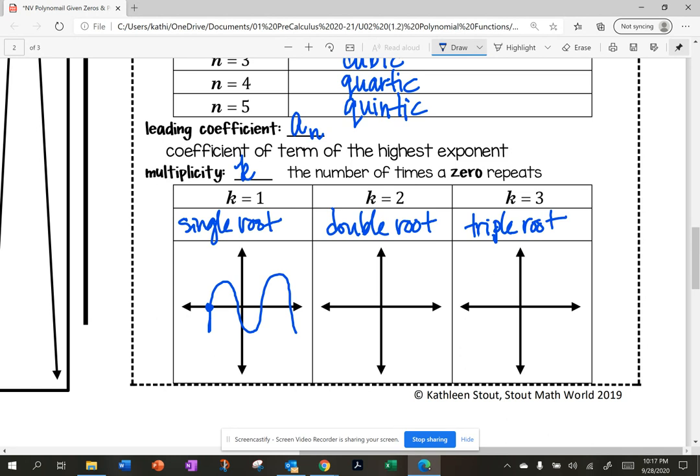Here are 4 examples of single roots. This is where I cross the x-axis pretty straight. For a double root, I'm going to bounce on the x-axis.